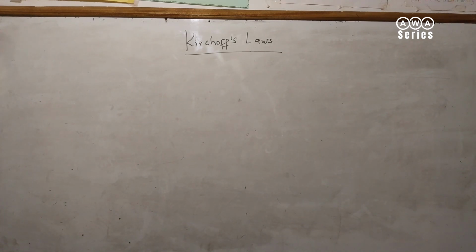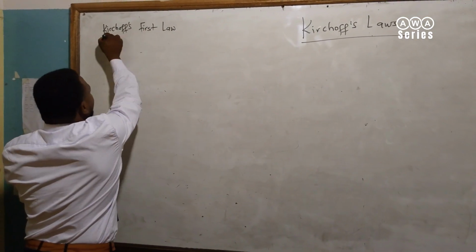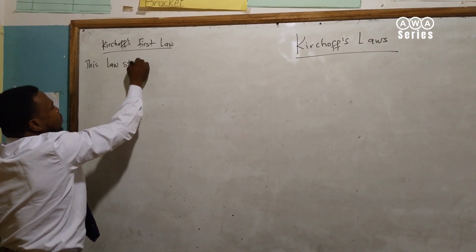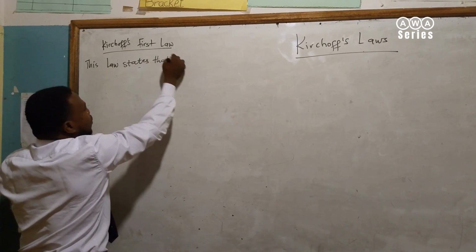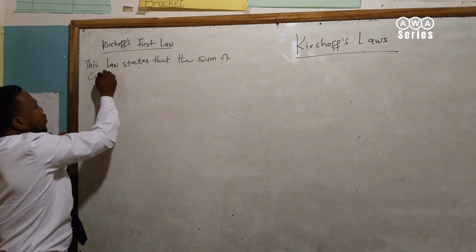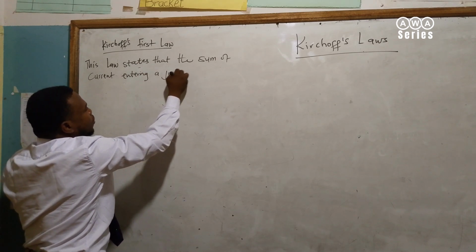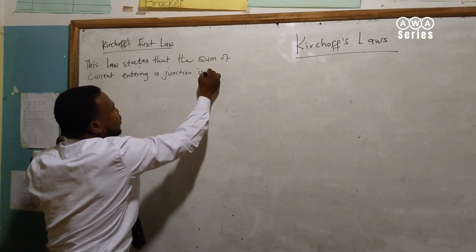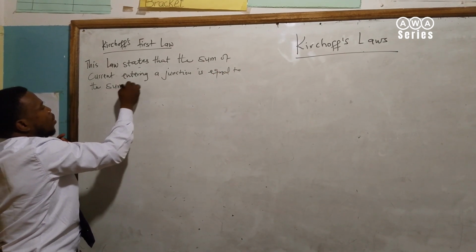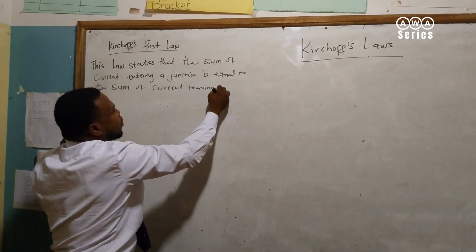Kirchhoff's first law. This law states that the sum of current entering a junction is equal to the sum of current leaving the junction.